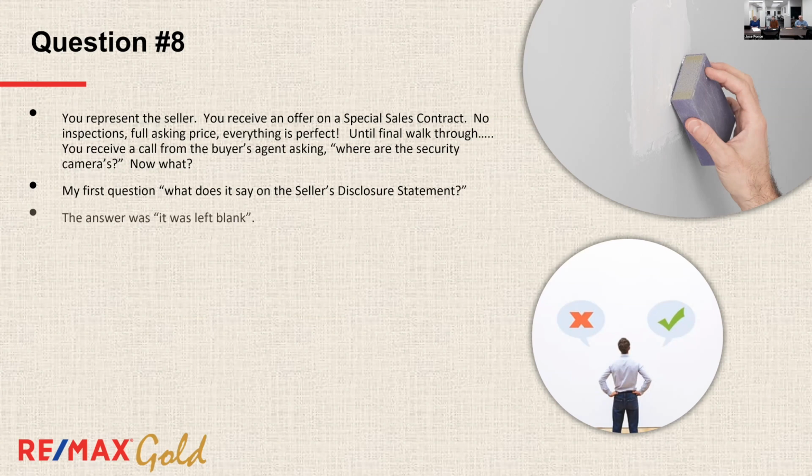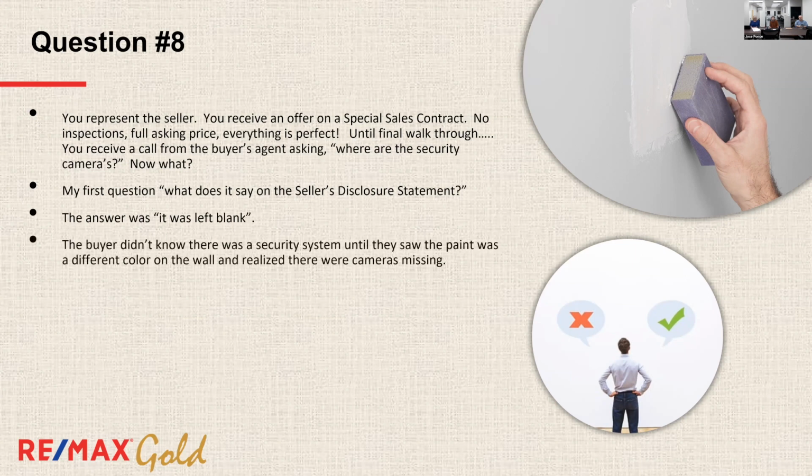And guess what? It was blank. So at this point, the buyer did not know that there was a security system until they saw the paint color was different in places and discovered that there had been a security system there previously.